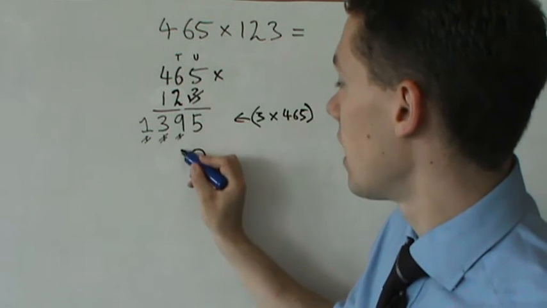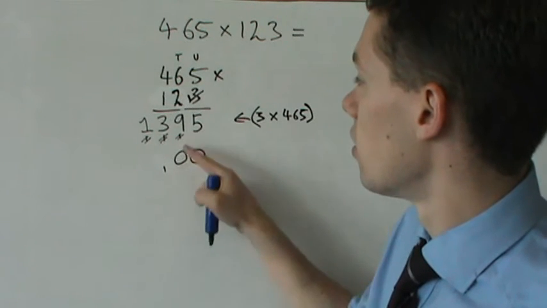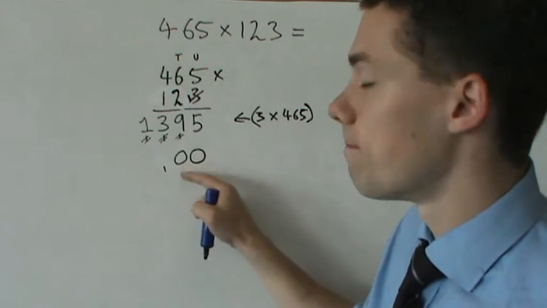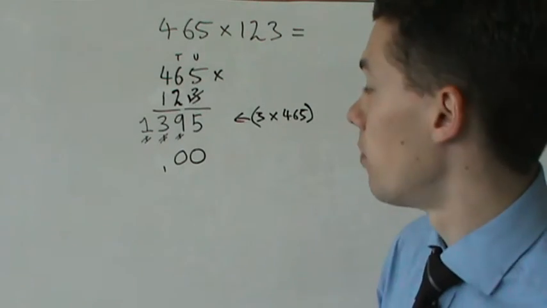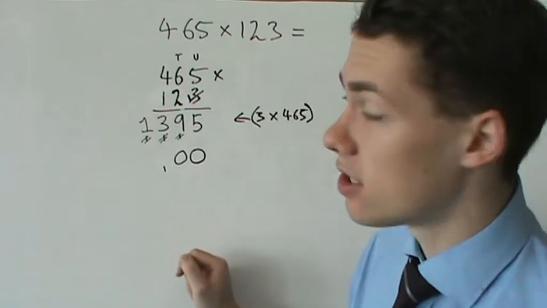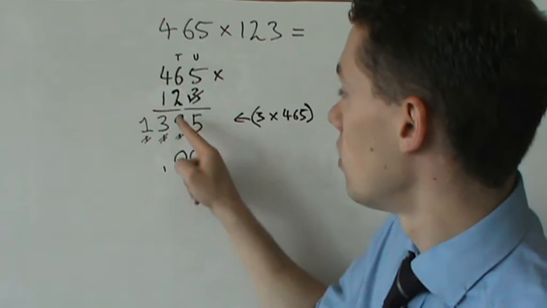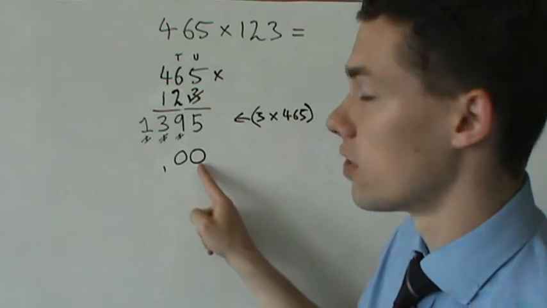So I put a 0 down for the 10, and I carry my tens. And hopefully you can see now why we put the 0 down, because 20 times 5 is actually 100. Hundreds column is here.